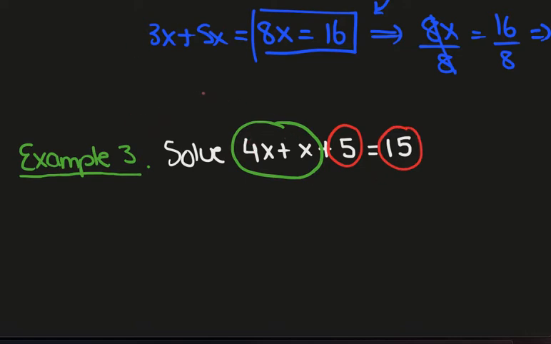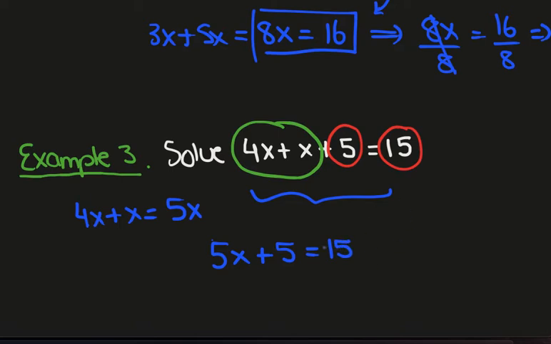Okay, so how do we proceed? Well, we can add the like terms. So 4x plus x, that's 5x. So now this equation becomes 5x plus 5 equals 15. And we can now solve this equation as per usual. So we do the opposite of plus 5, which is minus 5, and I get 5x is equal to 15 minus 5.